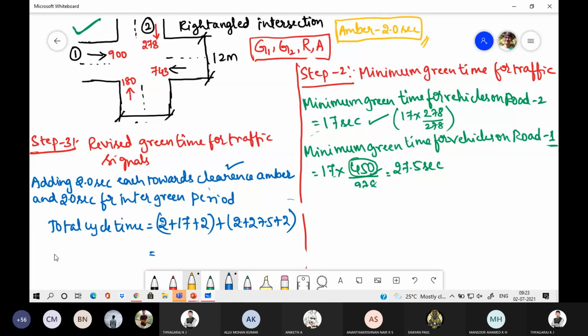Now tell me what is the total cycle time we are getting. Add it and tell me. Kindly tell me how much you are going to get.